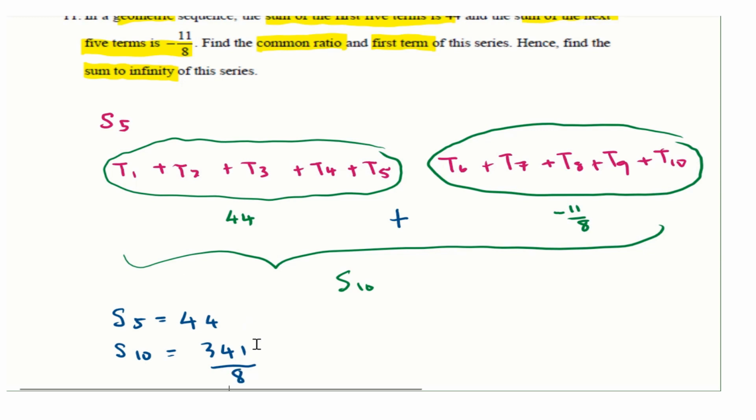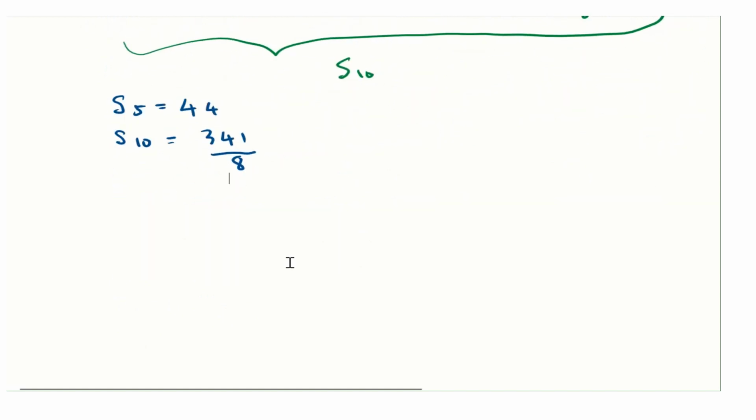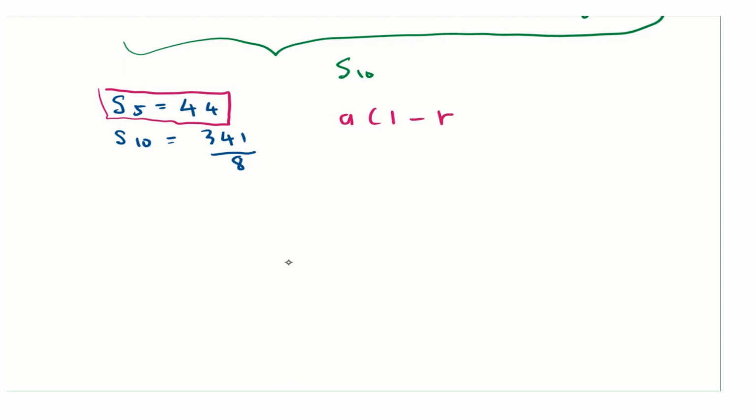So we use these two pieces of information to find the common ratio. We substitute into the Sn formula. For the first one, we get a times (1 minus r to the power of 5) over 1 minus r equals 44.